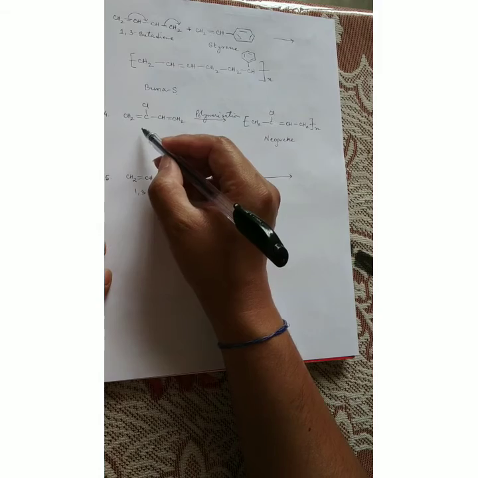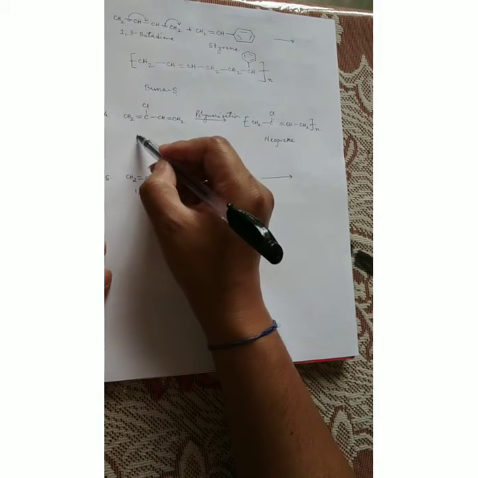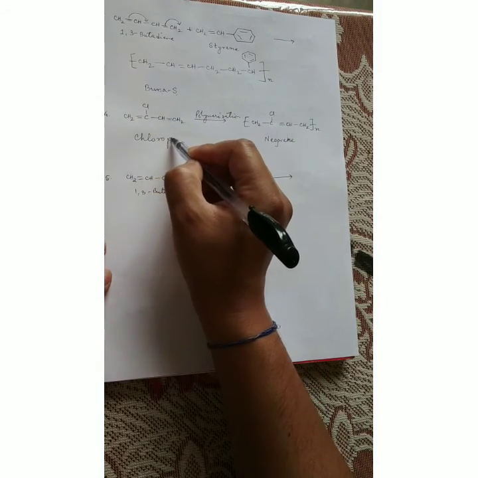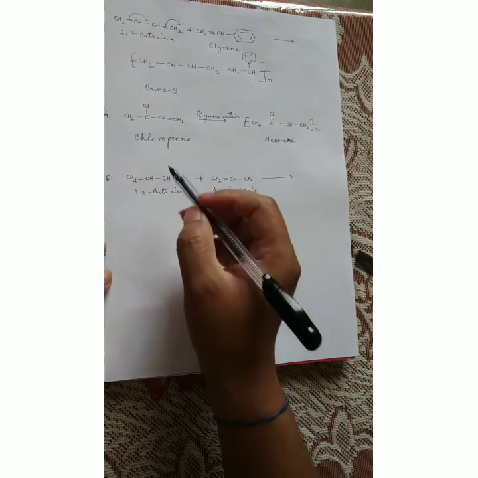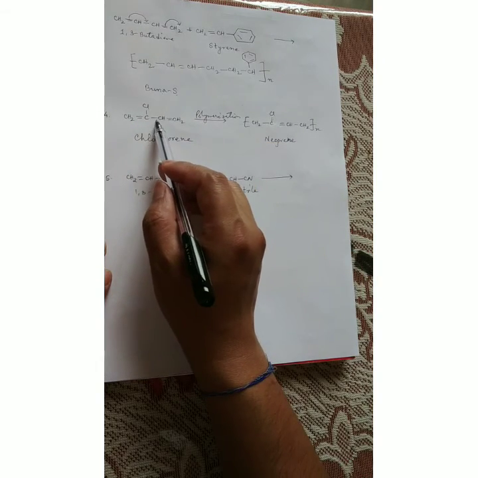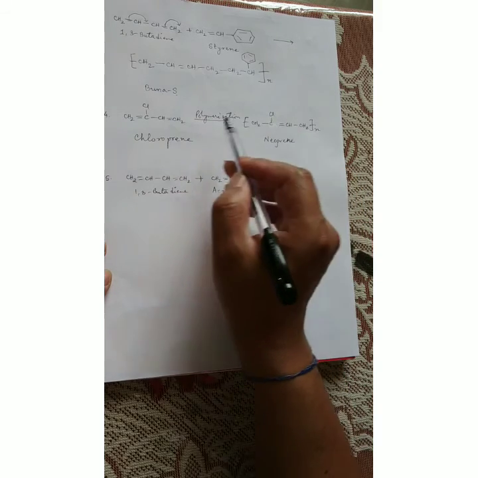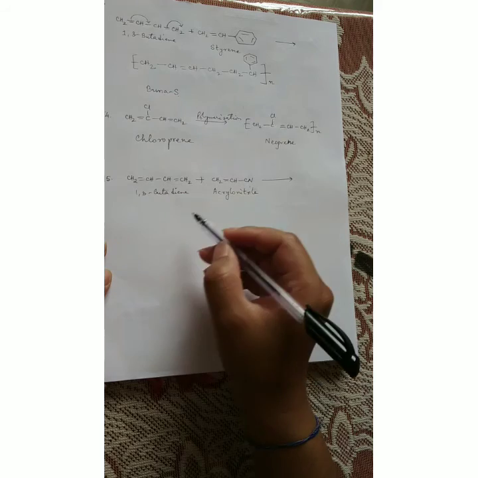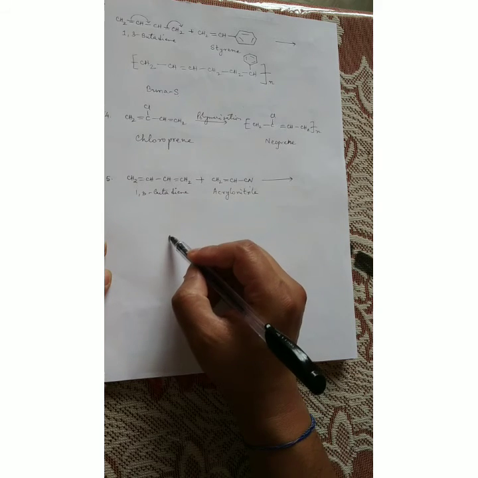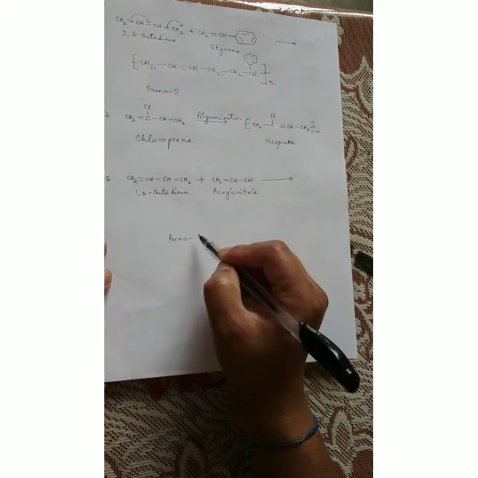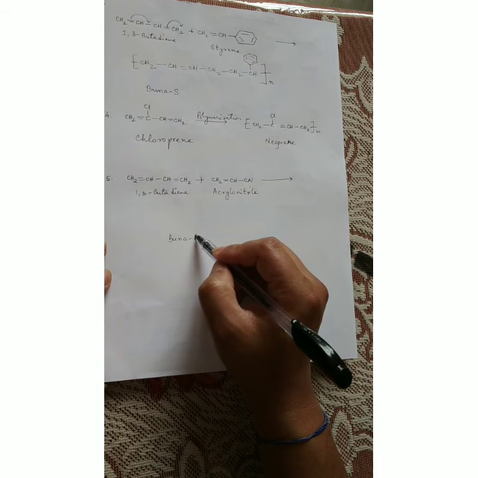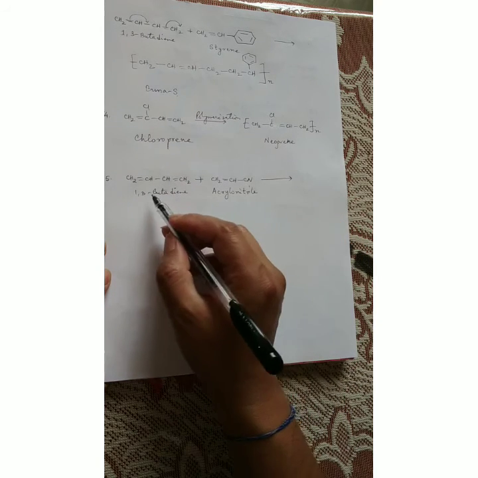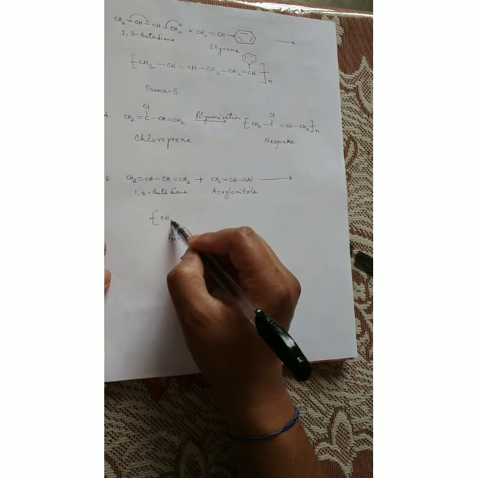Now you can start with this, which is called chloroprene. What you can do is this double bond will come over here, as you can see from the product. Then this will become a single bond. However, you can see all the carbons will always have 4 bonds. Similarly, for these two polymers, the product obtained will be Buna N. The structure will look something like this.